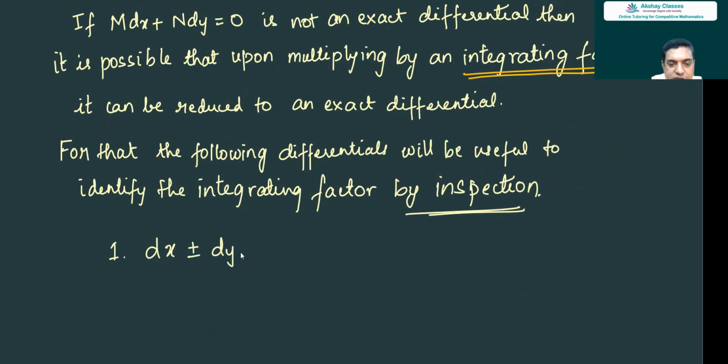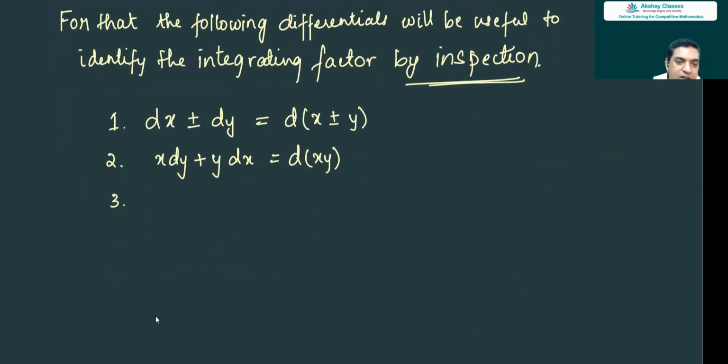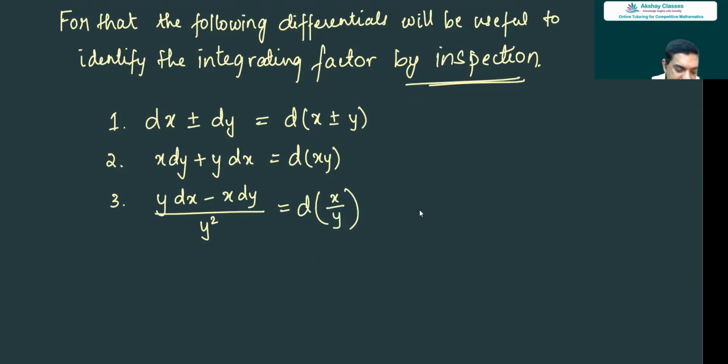Suppose dx plus or minus dy is there. This is the differential of x plus or minus y. Simple. Now we already did this: x dy plus y dx is the exact differential of xy. Now how about y dx minus x dy upon y square? This is the u upon v rule, so this is the exact differential of x upon y.